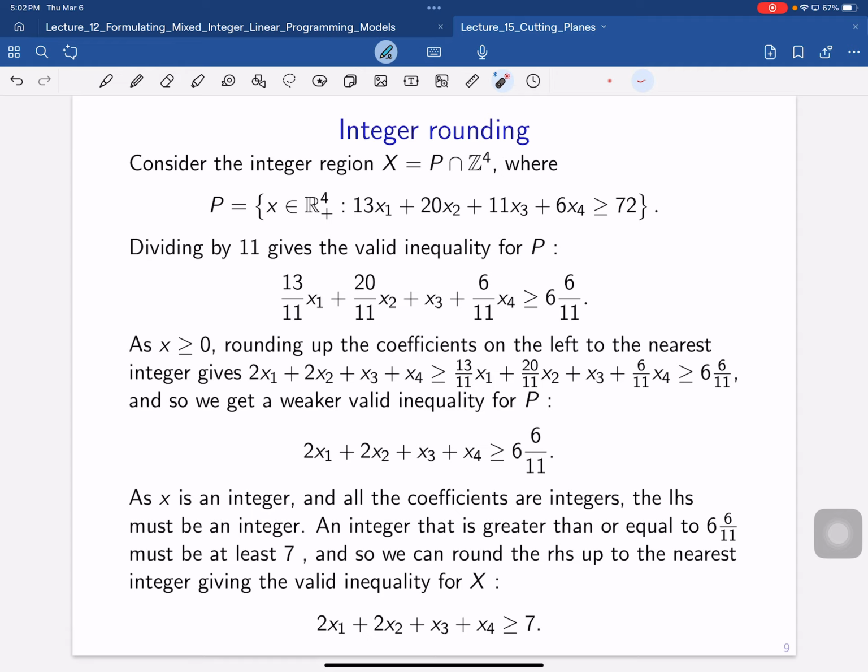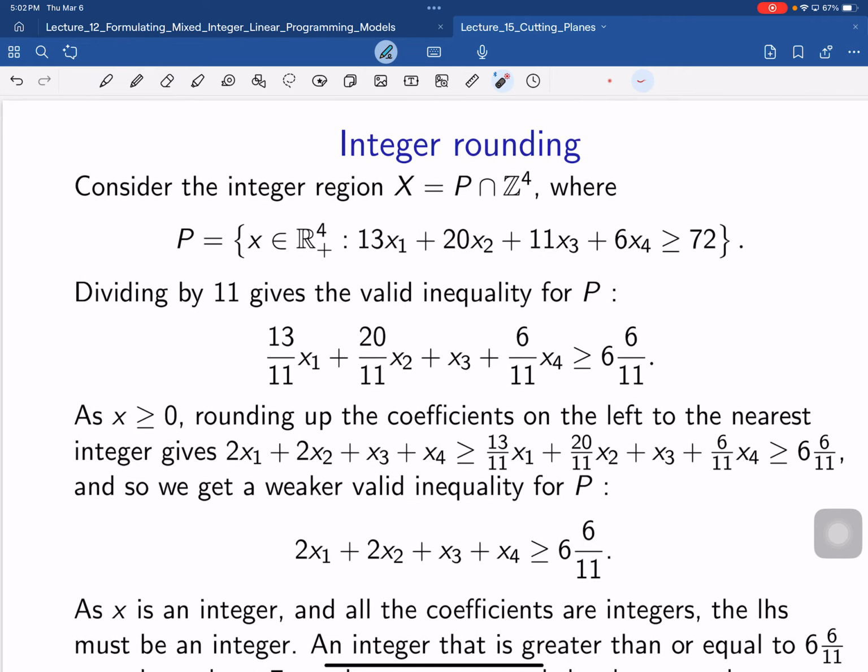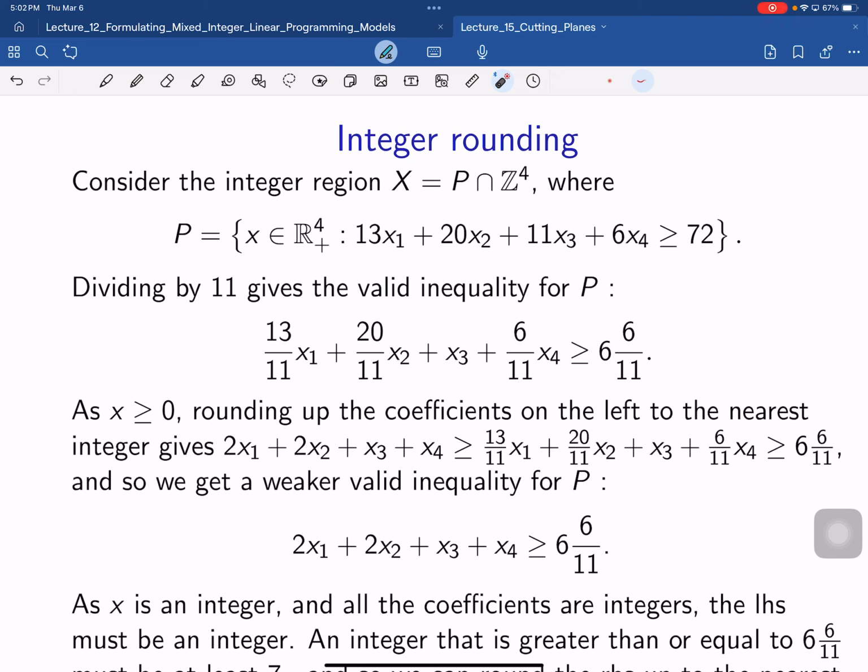Okay. So before we generalize this concept, let's consider a small example here. Let's say we have 4 integer variables, x1, x2, x3, x4. They are all integer. We have x greater than or equal to 0 as well, so non-negative integers.